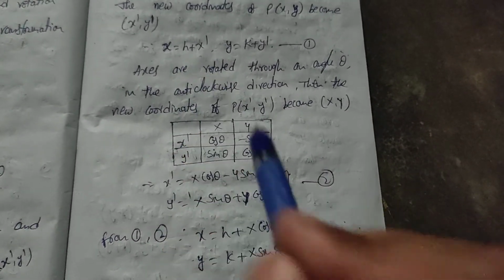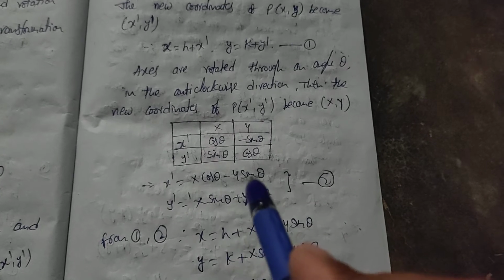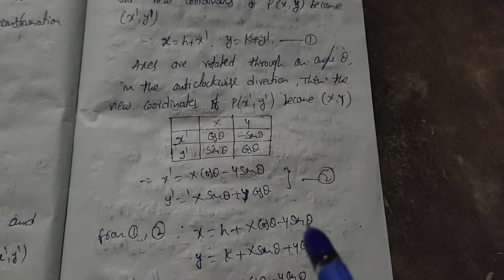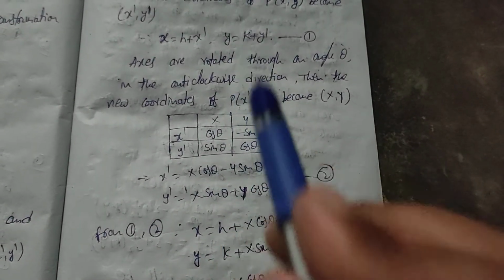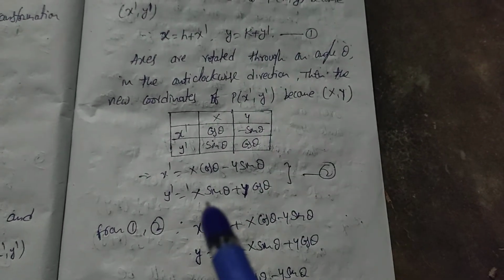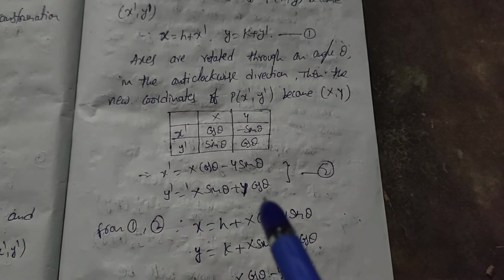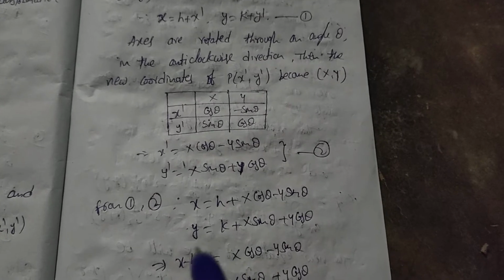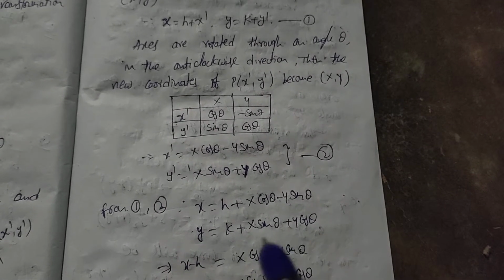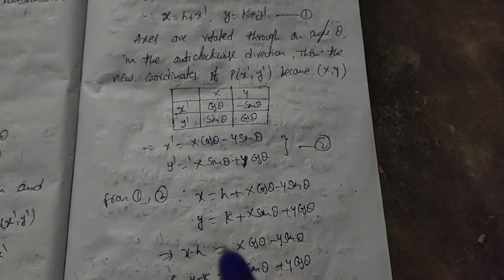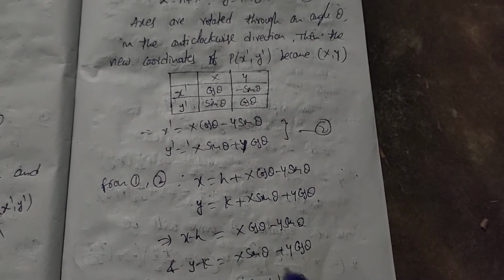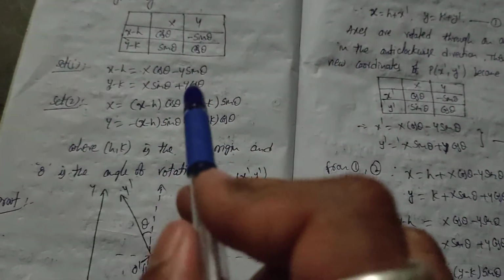In the place of x', if you substitute x cos theta minus y sin theta, then this small x becomes h plus x cos theta minus y sin theta, and y is equal to k plus y', that means y = k + x sin theta + y cos theta. Therefore, x minus h is equal to x cos theta minus y sin theta, and y minus k is equal to x sin theta plus y cos theta. So this is the set 1 proof.